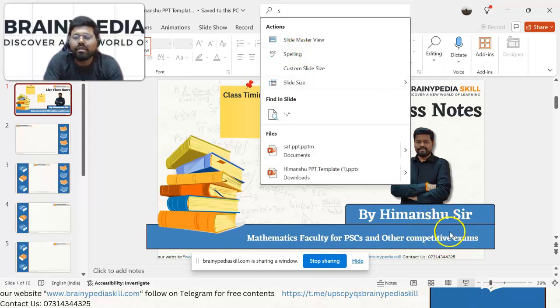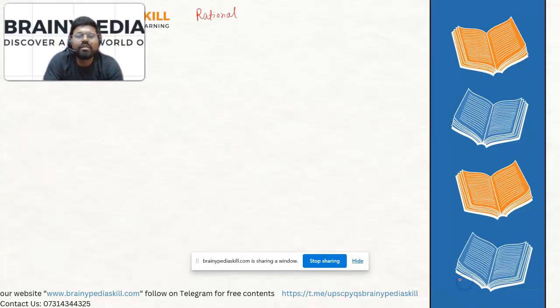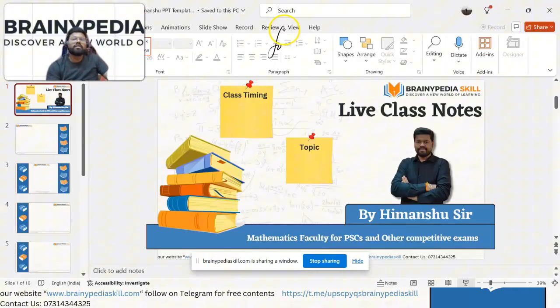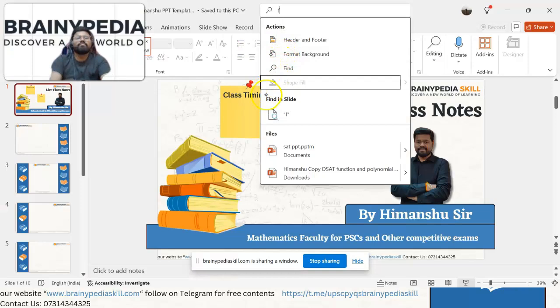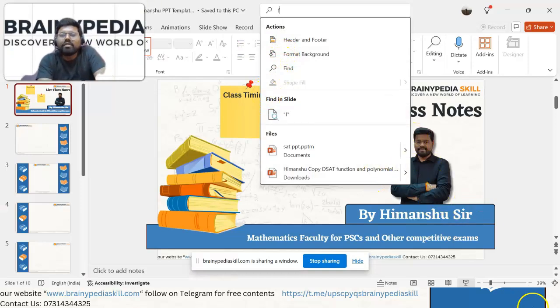Okay, it's not working over there, I guess. What did happen? Header and footer format.